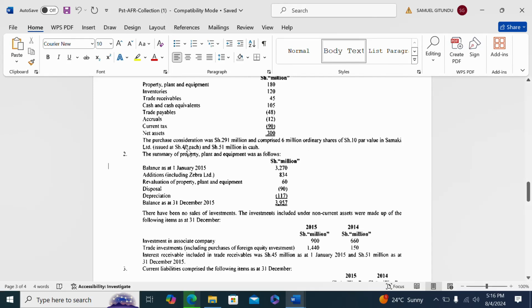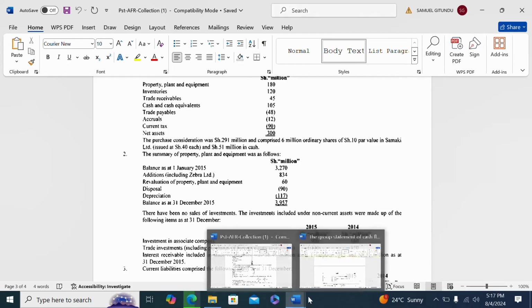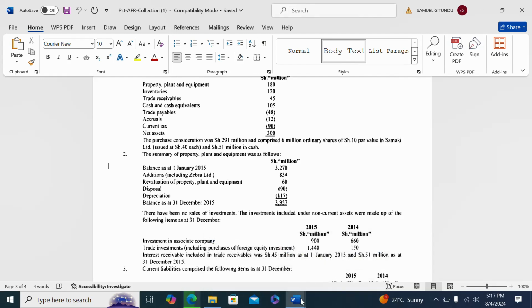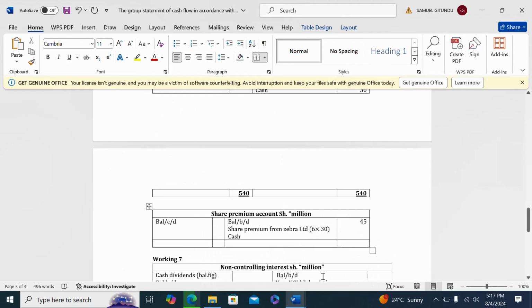So to get the share premium, we take this 40 minus this 10, which is the par value, and 40 minus 10 is 30. So 6 times 30, how much are we getting?